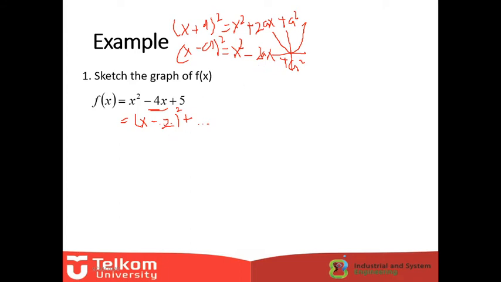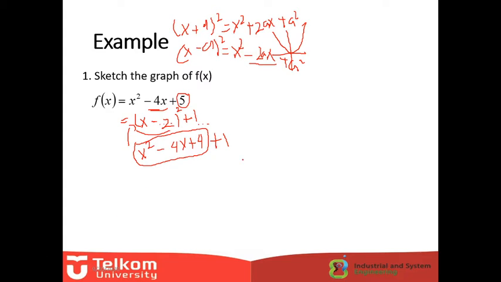To get 4x, the possibility is 2a equal 4, then a is 2. So here we will have x square minus 4x plus 4. Since this one is 5, we need plus 1.